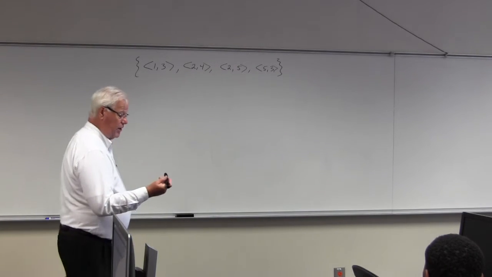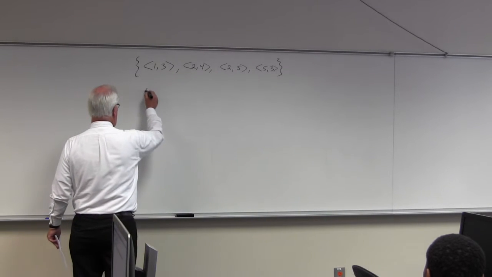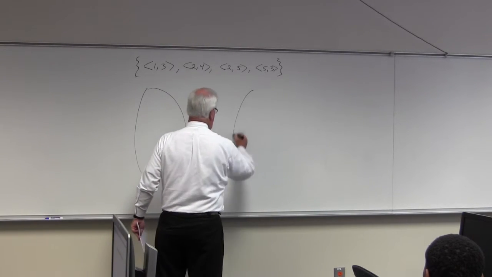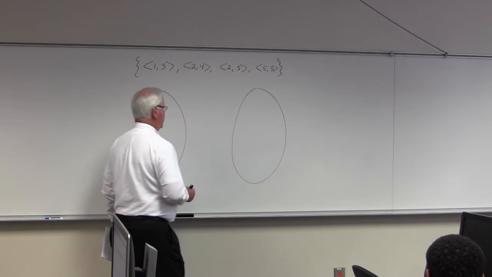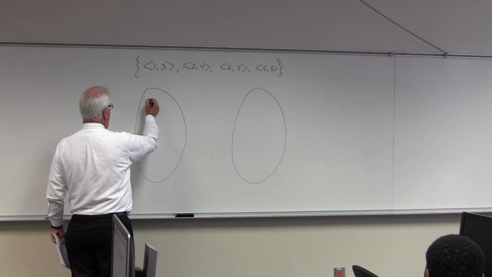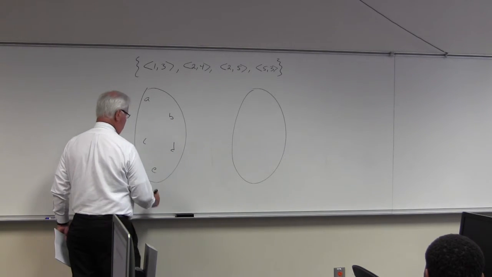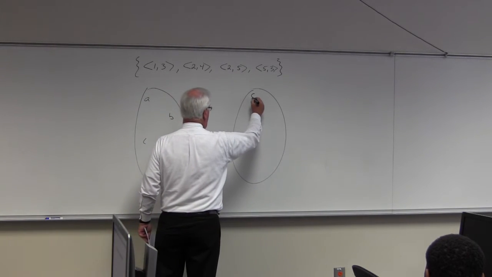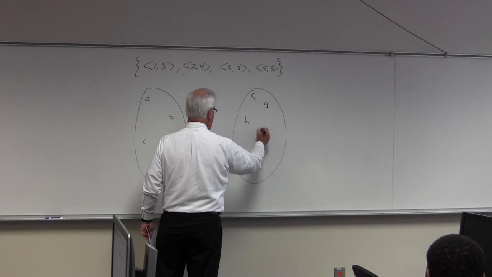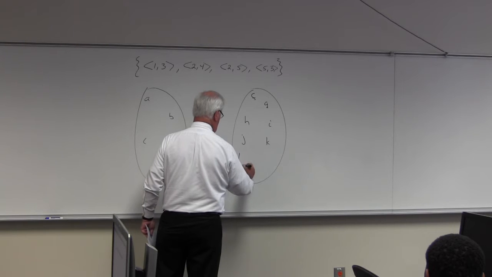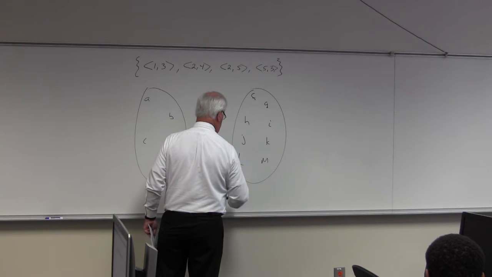Okay? But here we may talk about something like this. And over here maybe we have A, B, C, D, and E. And over here we have F, G, H, I, J, K, L, and M. Okay?